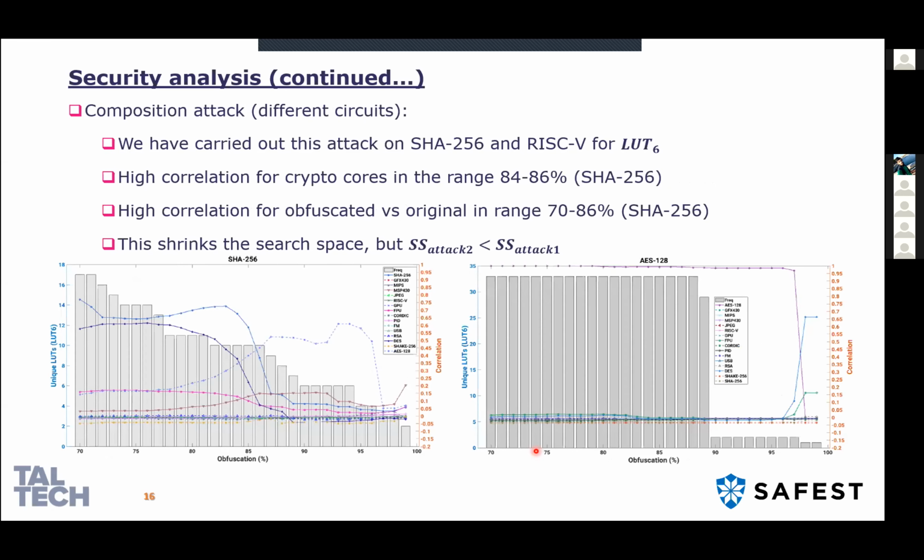Regarding the composition attack, we have carried out this attack on SHA-2 and the RISC-V processor, and we have targeted the LUT 6. Concerning the SHA-2, we can see that there is a high correlation between the crypto cores from 84 to 87, 84 to 86% obfuscation.